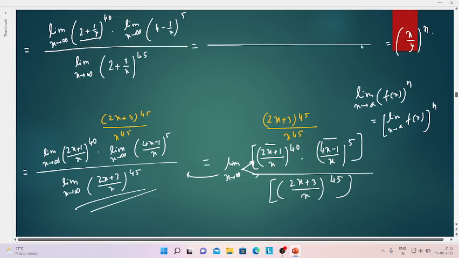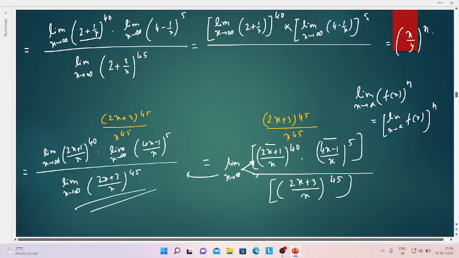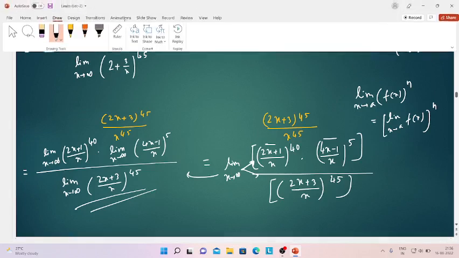So that can be written as limit x tending to infinity 2 plus 1 upon x, that part to the power 40, right? Times limit x tending to infinity 4 minus 1 upon x, that part to the power 5, right?